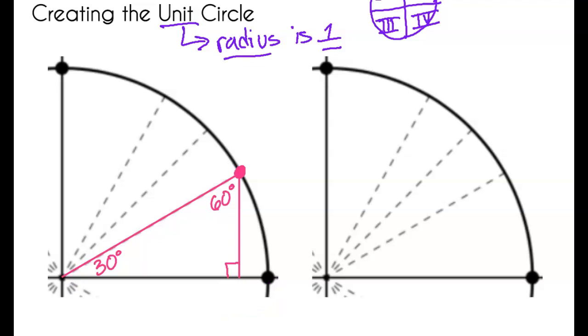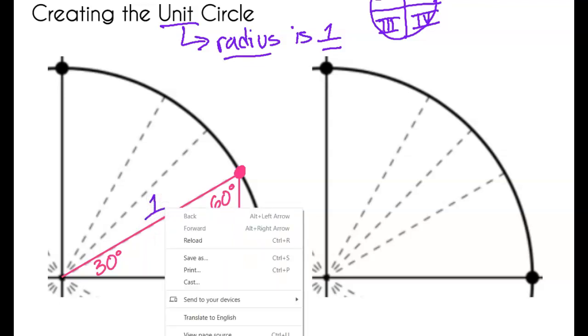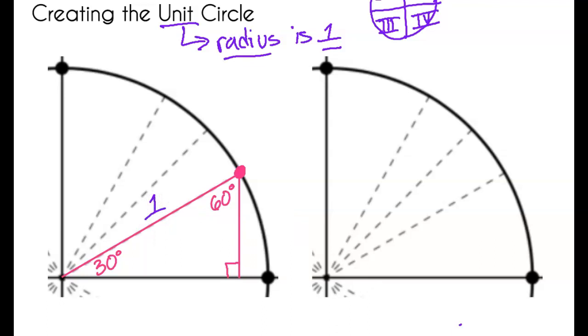What other line do we know is 1? Oh boy, guys. The hypotenuse. The hypotenuse is 1. Isn't that still the radius of the circle? Those are all 1.